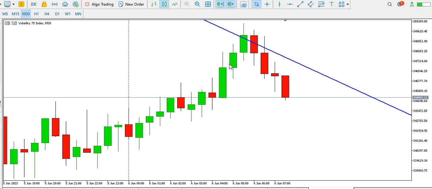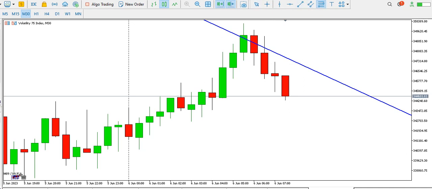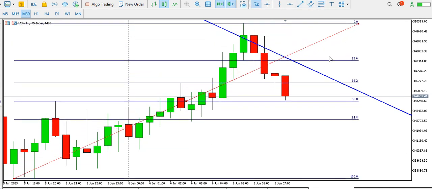On the 30-minute time frame, we can see the formation of a swing high, and price is currently dropping. Plotting our Fibonacci retracement tool, we can see that price has dropped up to the 50% Fibonacci level. The next possible level is the 61.8% Fibonacci level, which is at the 342,799 level.